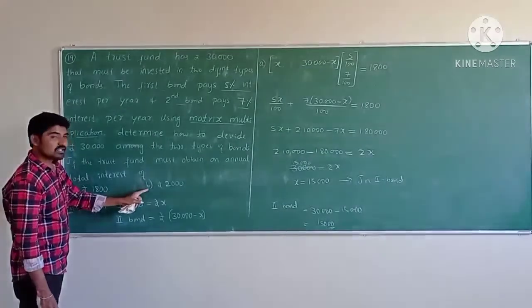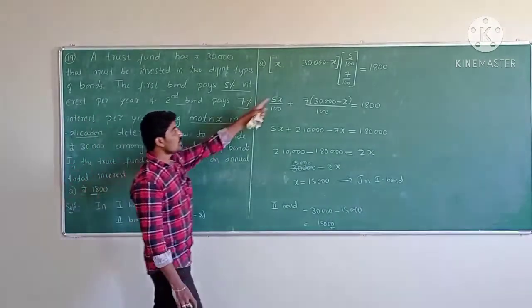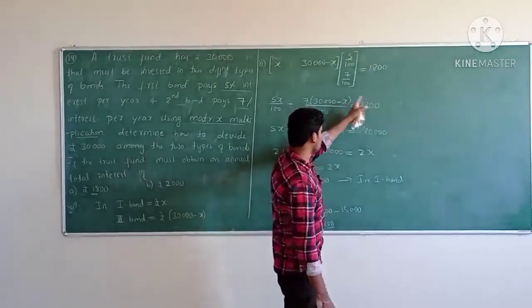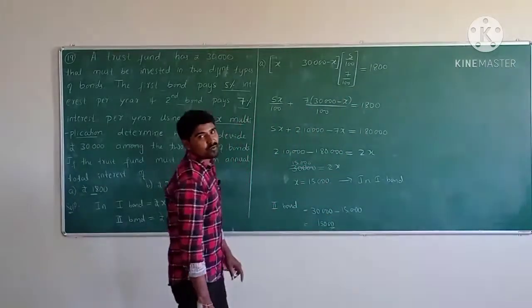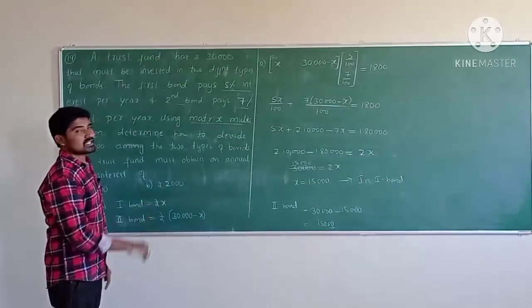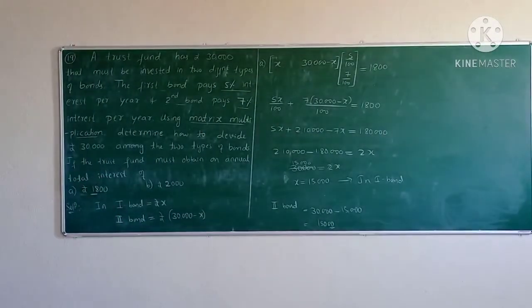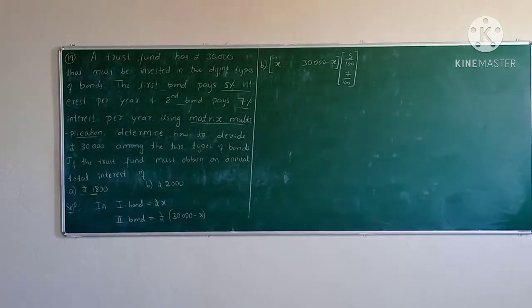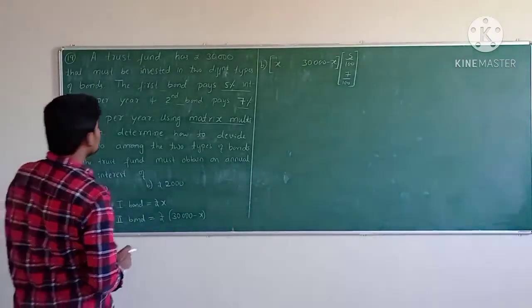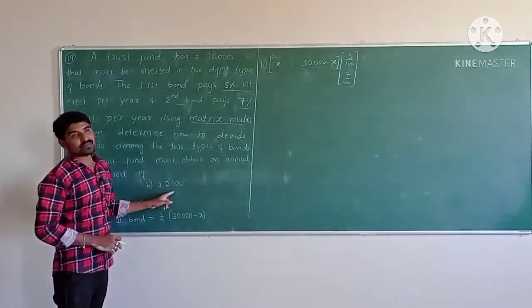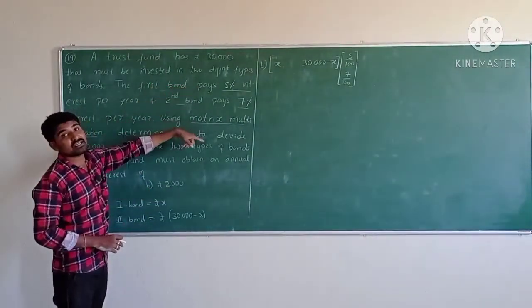And what is the answer for the second question? Here, we just substitute the value of 1800 with 2000 and do the same calculation. I hope all of you understood. If possible, take a look. So now the second question in the 19th one: to get an annual interest of 2000 rupees, how do we divide this 30,000 into two parts?